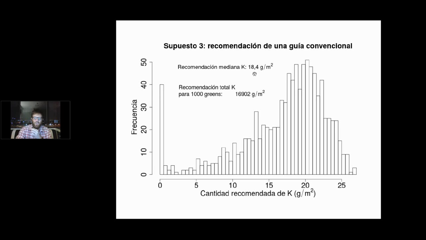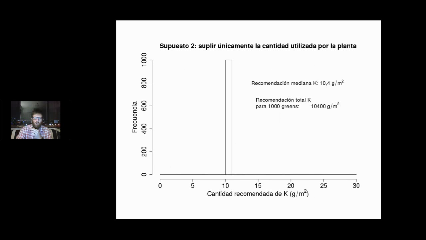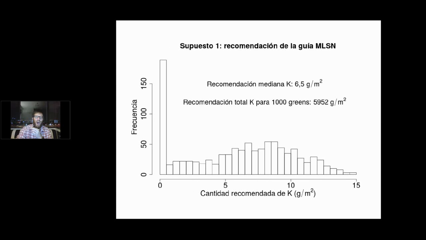I'll go back 2 slides. So MLSN is a 6.5 recommendation. We're applying 100% of what the grass can use.